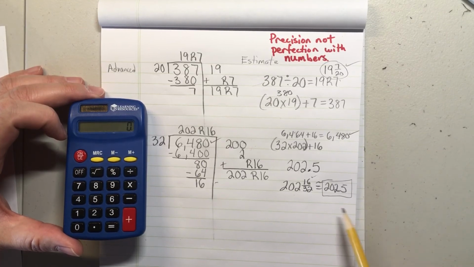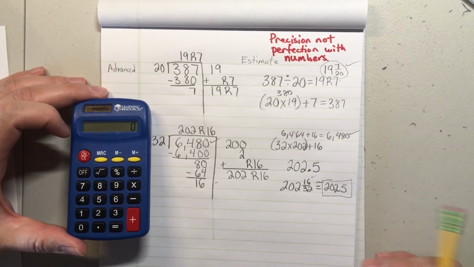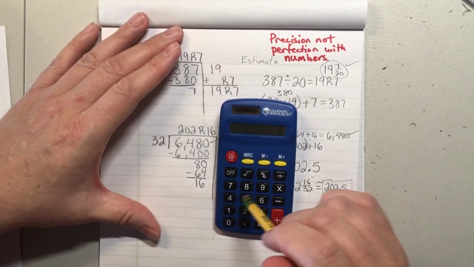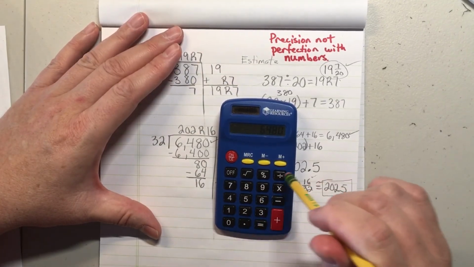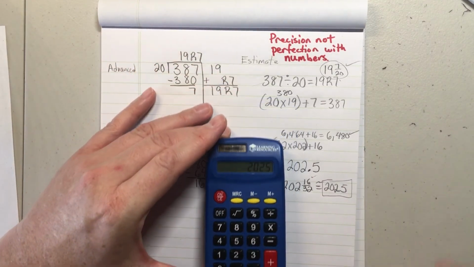But by the time they're in probably fifth grade, definitely by middle school, they're starting to work with fractions. So let's see if I was right. This is a decimal equivalent. 6,480 divided by 32 equals 202.5, see?